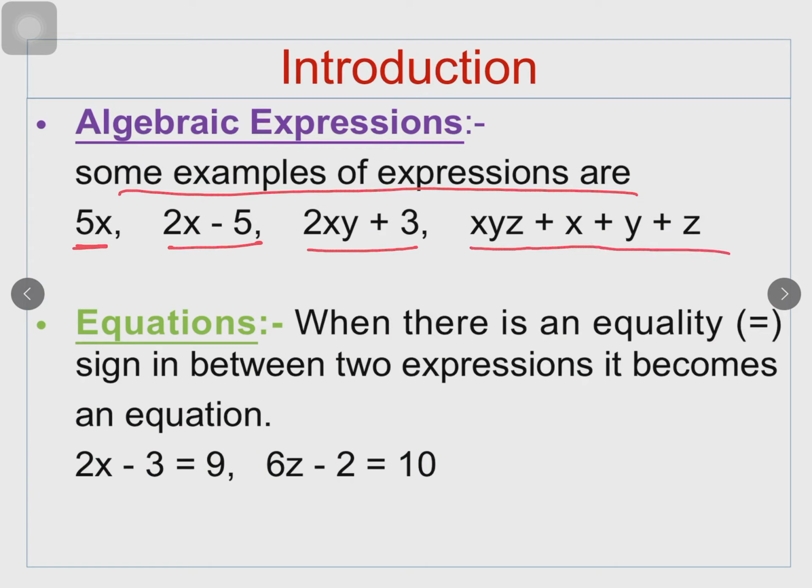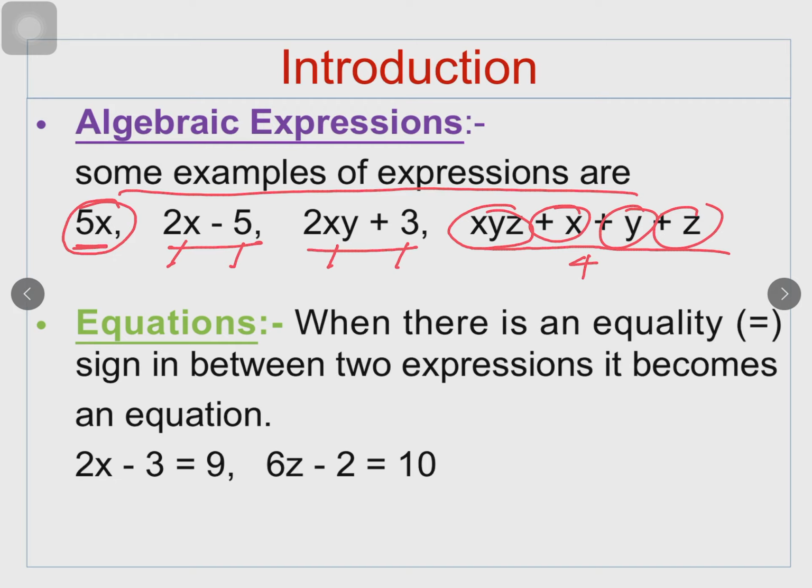Each expression is made up of certain components, and each component is called a term. This expression is made up of one term. This expression has two terms. Similarly, this also has two terms, and the last one has a total of 4 terms. Each component is called a term, and collectively they are called an algebraic expression.